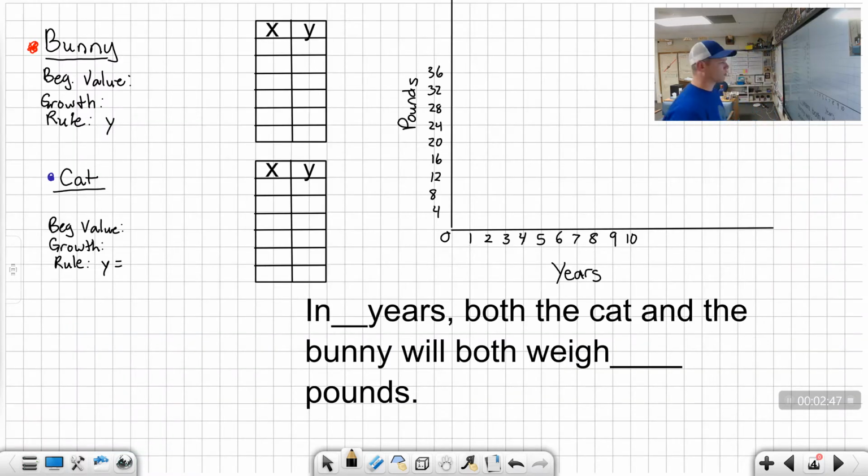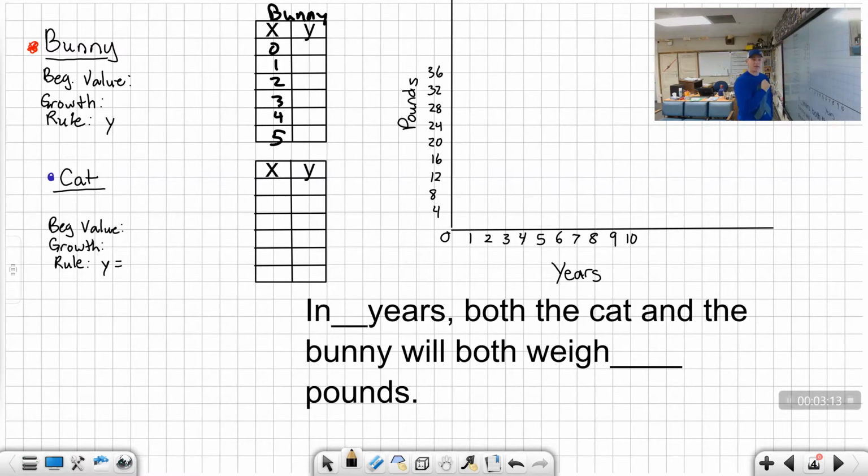All right? So here's what I want you to do on your own. You already have this information filled out about the bunny, about the cat. What you need to do is go ahead and give me the rule or the table. Write the beginning value and growth. Do that for the bunny.